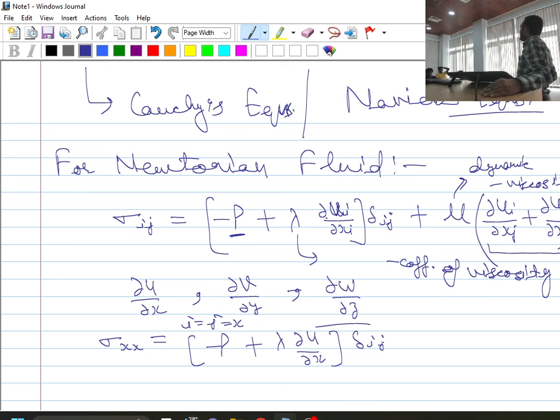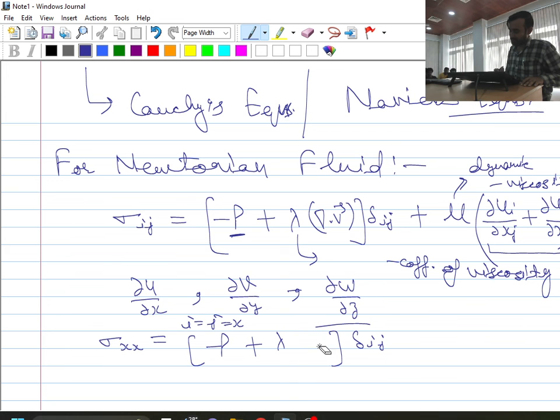What is the meaning of delta ij? Sorry, I have written this term wrongly. This has to be the divergence of velocity vector only, because this will be coming because of the volumetric dilatation. What is delta ij? When i is equal to j, at that time delta ij will be equal to 1. This is called the Kronecker delta operator.